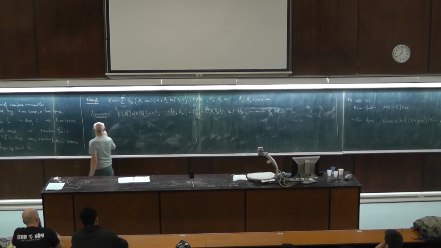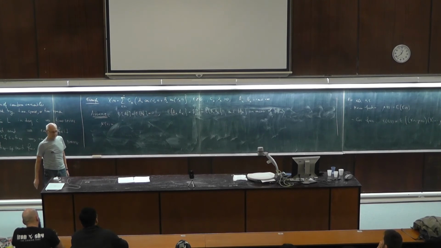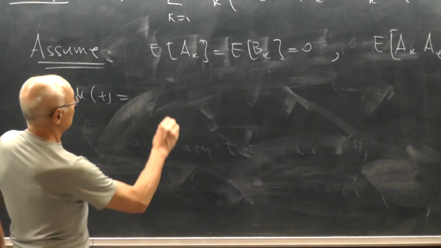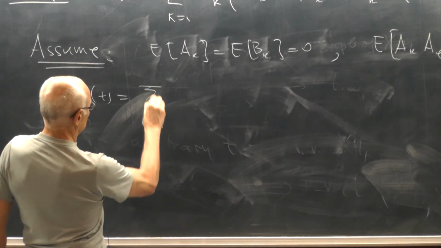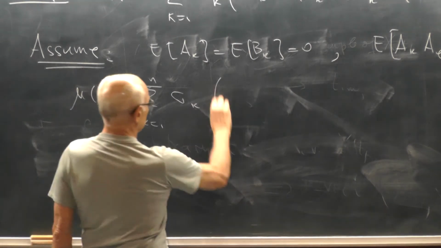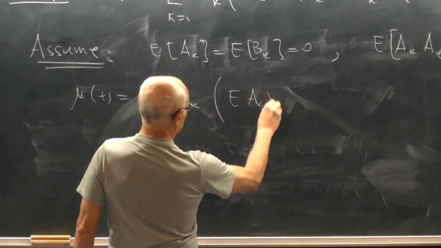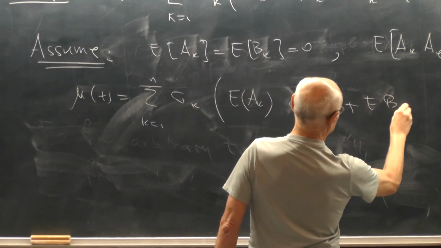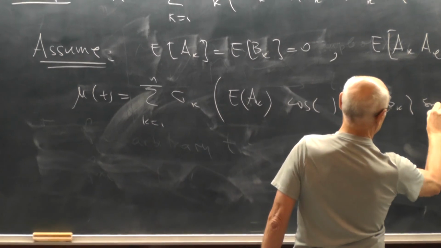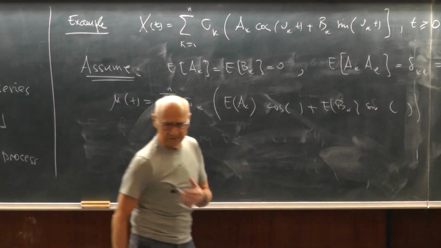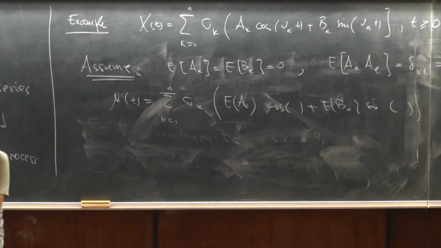So the mean function, linear operator, right? That is, I have to go term by term. Sigma k is not random. Cosine plus sine. I didn't even bother to write the arguments of sine and cosine.